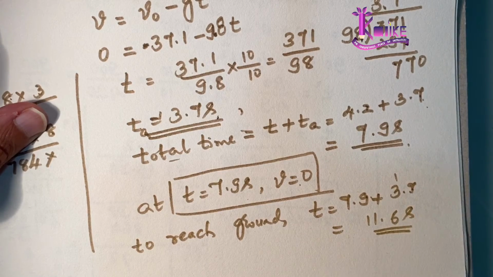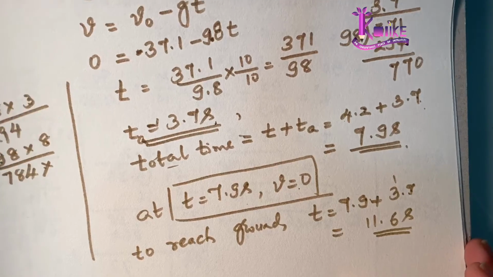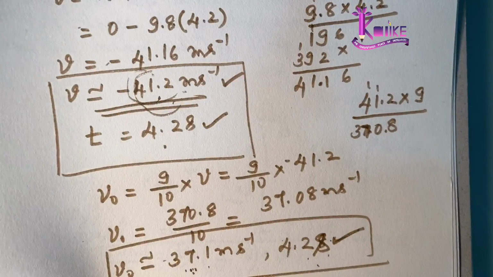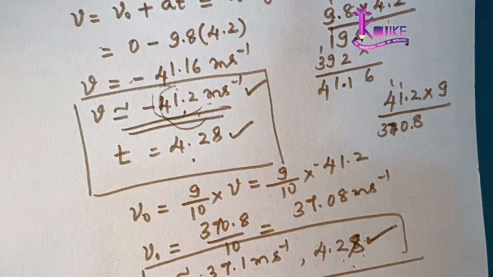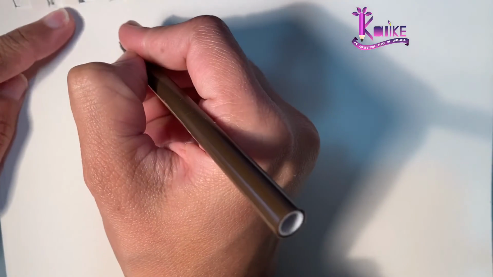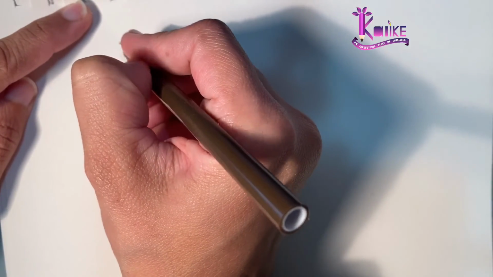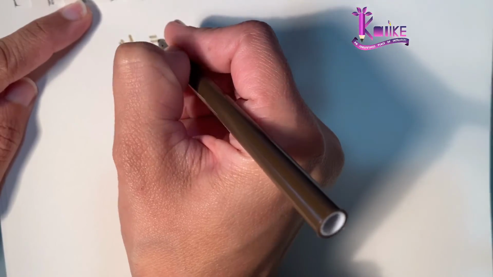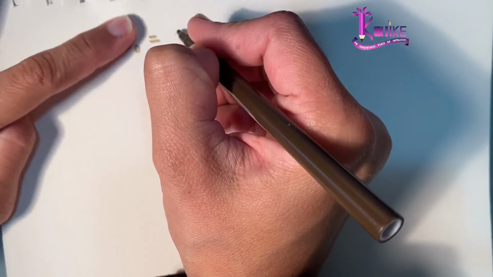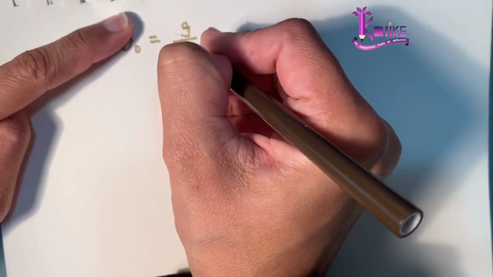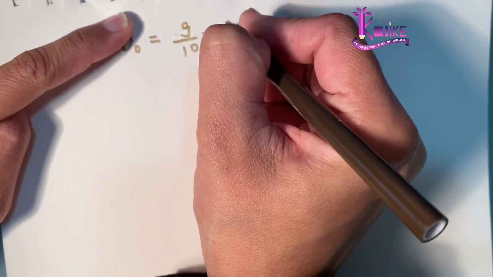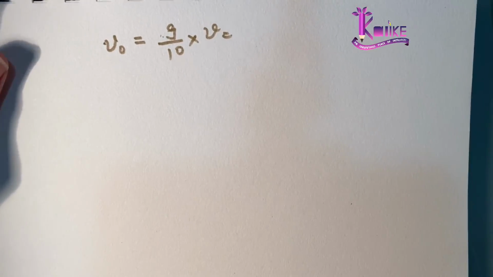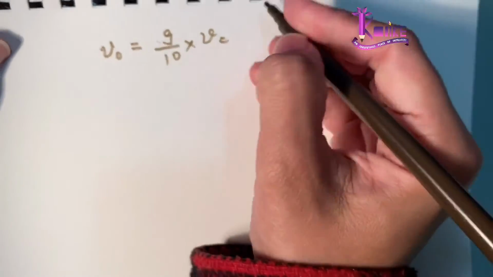So let us calculate the speed at 11.6 seconds. At 11.6 seconds, what will be its rebound velocity? So we can just calculate the rebound velocity, because we know that v naught is almost equal to 9 by 10th of v, right? So how much was v? 37.1.